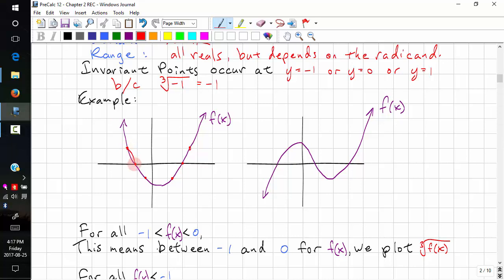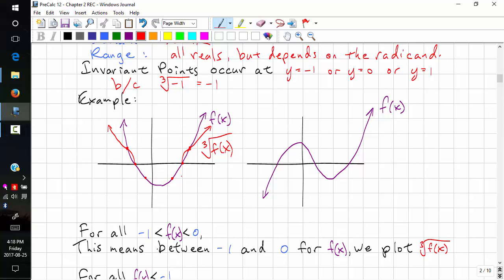Again, we want to plot above f of x, but below 1, between 0 and 1. Above 1 and below f of x for any values above. And same thing on the other side, cube root f of x.